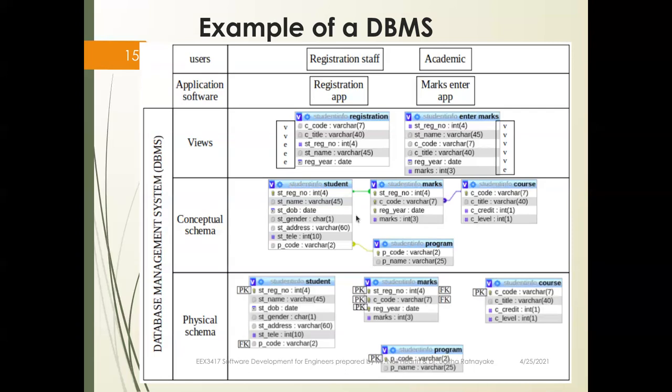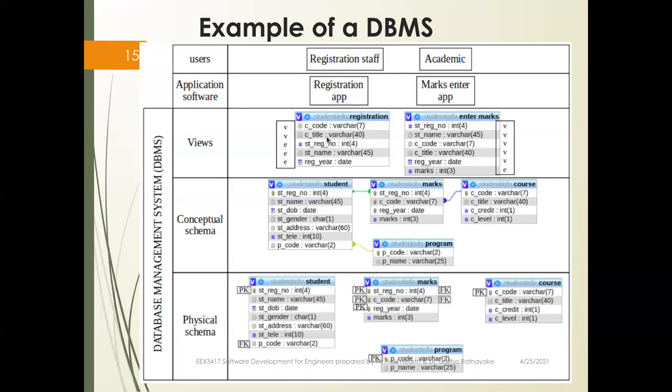Okay, now these are conceptual schema. Now relations are there. But in view, here in the registration block: course code, course title, student registration number, student name, registration year.